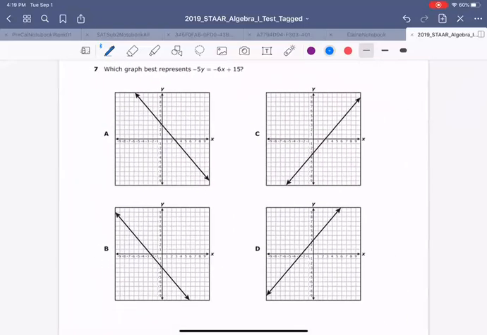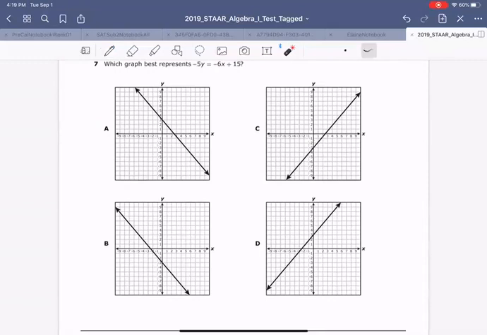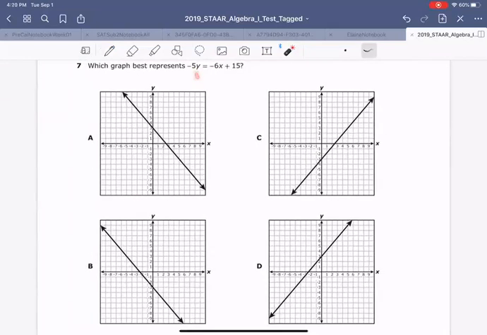Let's check number 7. To do this one, you want to make sure you first get your slope.